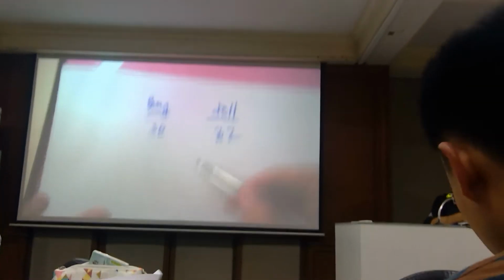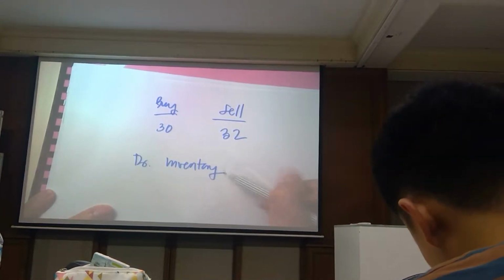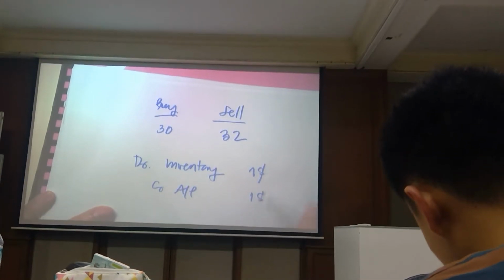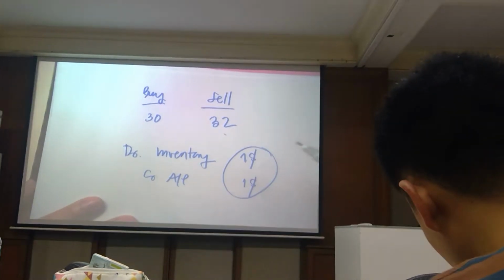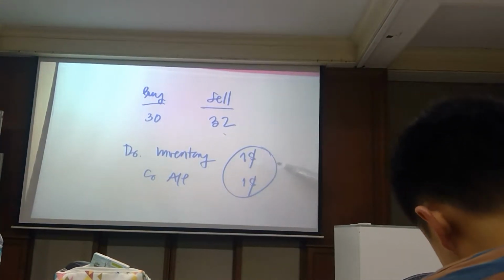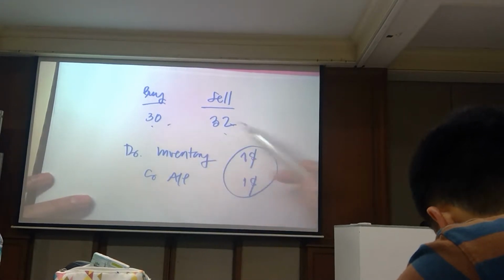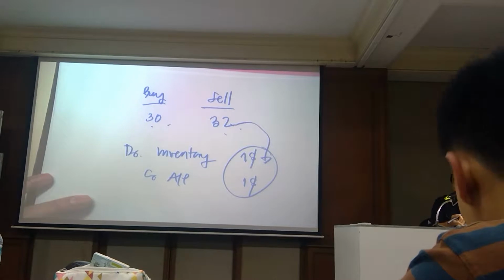When you get something from US, you need to debit inventory, let's say $1, credit AP for $1, and of course you need to transform them from dollars to Thai baht. What exchange rate are you going to use? 30 or 32? Somebody says, oh, it's going to be 32. Why?